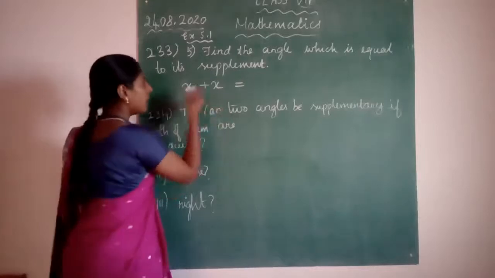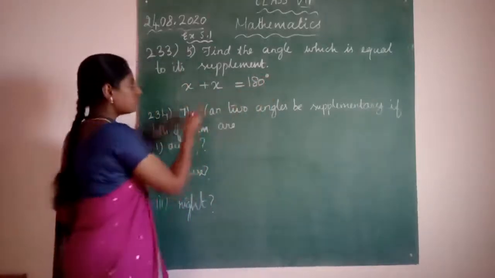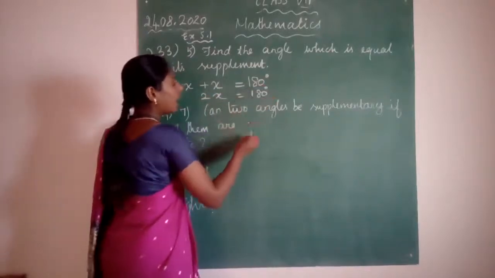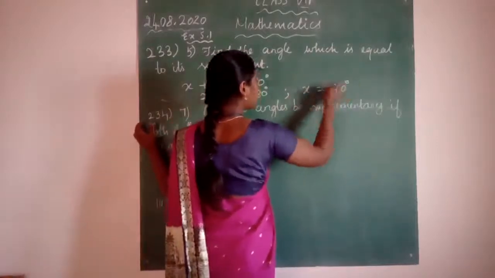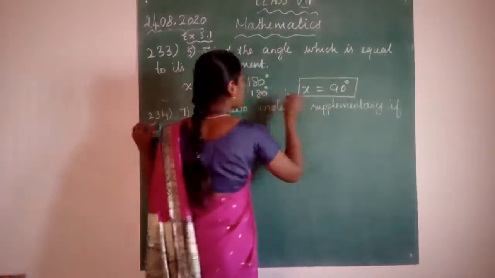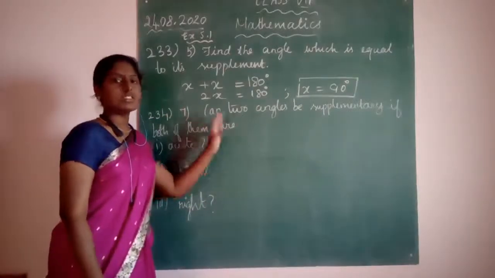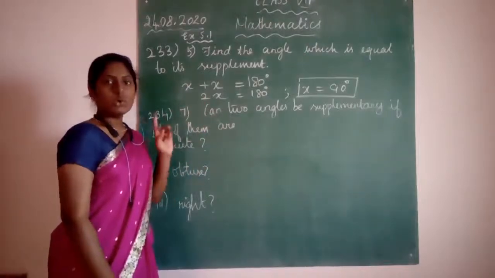And the sum of them should be 180 degrees. So this will give you 2x is equal to 180 degrees, and you will have x is equal to 90 degrees, because 2 into 90 will give you 180 degrees. So 90 degrees is the angle which is equal to its supplementary angle.